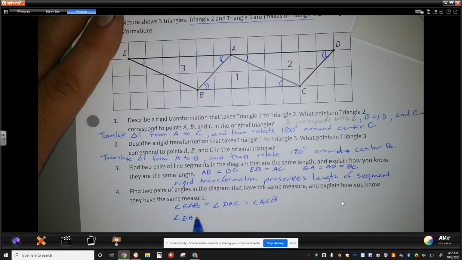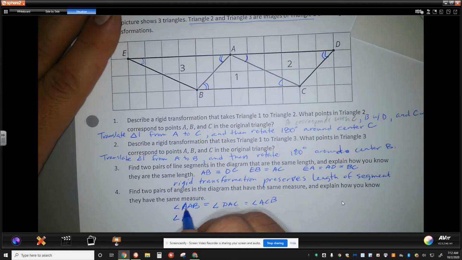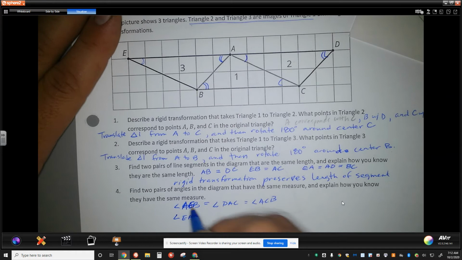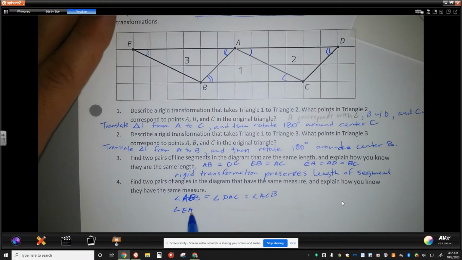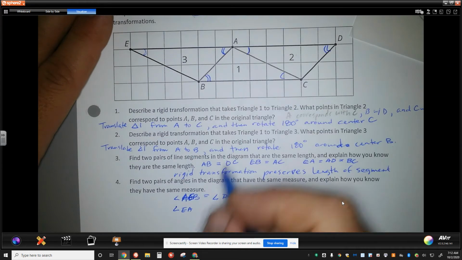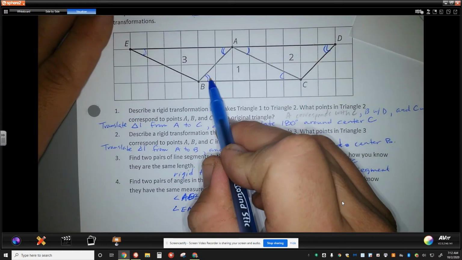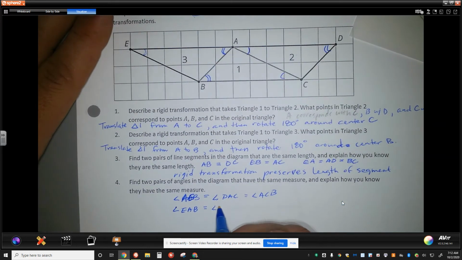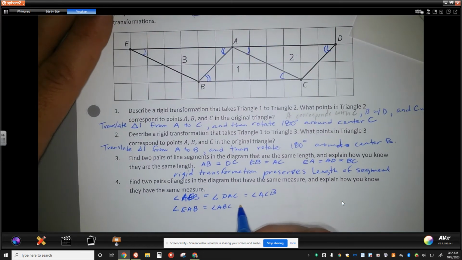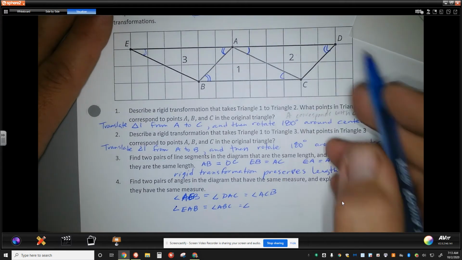So angle E, oh no, I messed up on the first one. This one should say angle AEB as the vertex. And this one, the vertex always goes in the middle here. This one should say angle EAB is equal to angle, where I put all these double congruence marks, angle ABC, which is also equal to angle, the double congruence marks, CDA.